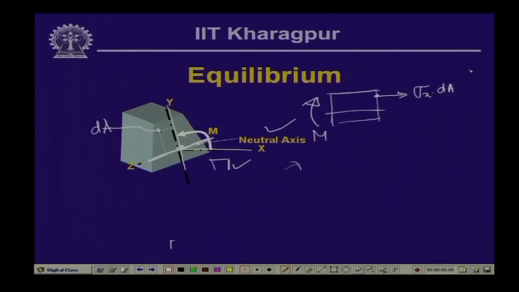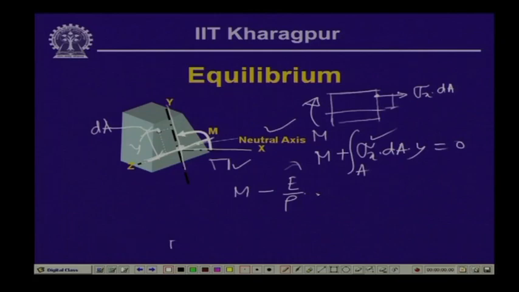So, the moment of this force is sigma x dA times the distance y. If we call this distance y, then moment m plus the integral of sigma x dA y over the area is equal to 0. Now, if we substitute for the value of sigma, this is m minus E by rho times the integral of y dA y, equal to 0.